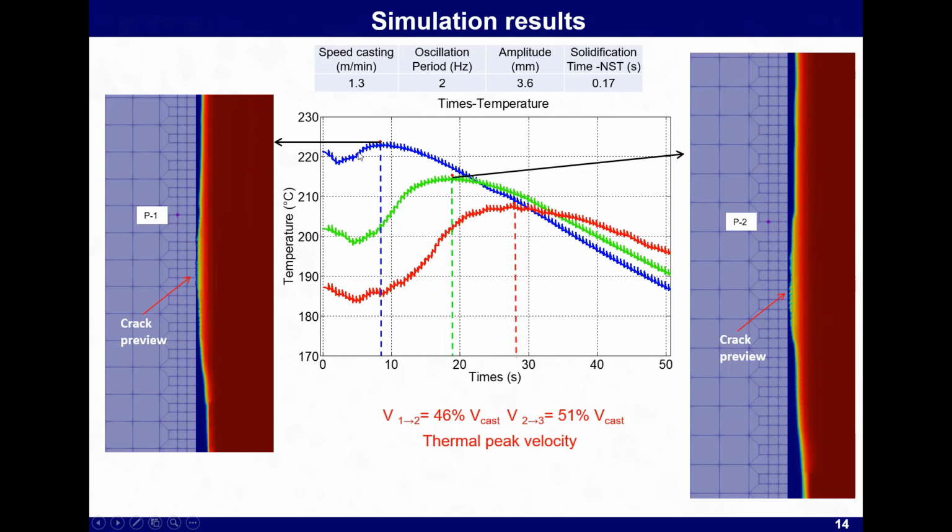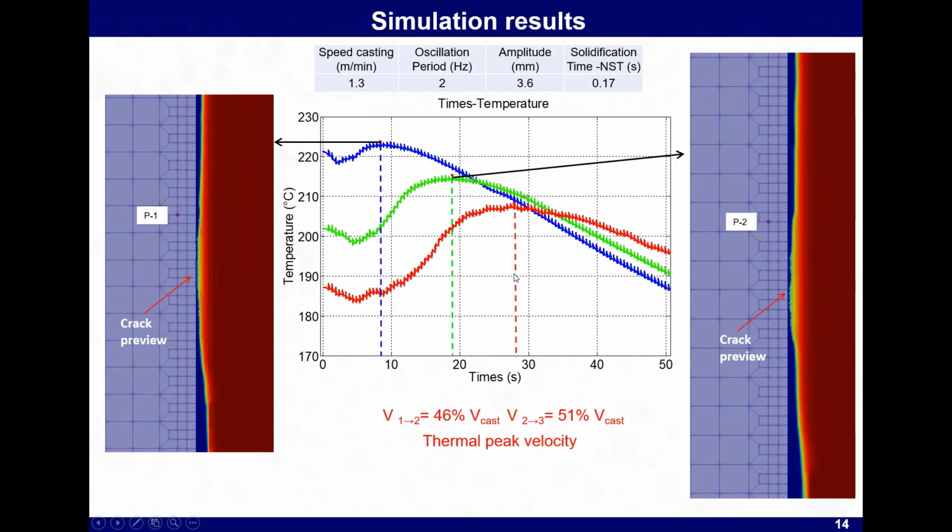So when you have a sticking problem and a crack propagation, on P1 you see that the temperature is going down and then up, and if you look at the deeper markers, you see that there is still a little decrease to a minimum, and then the amplitude of the peak and its shape are changing, the amplitude is increasing.